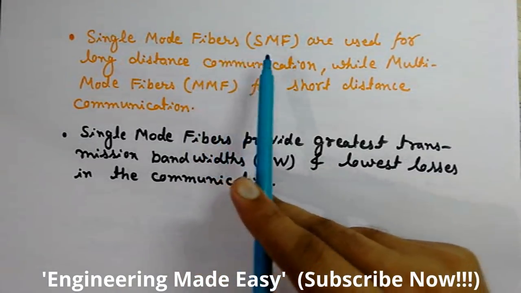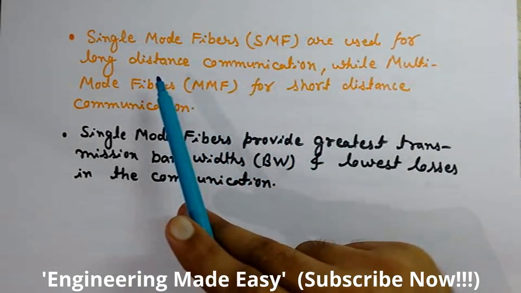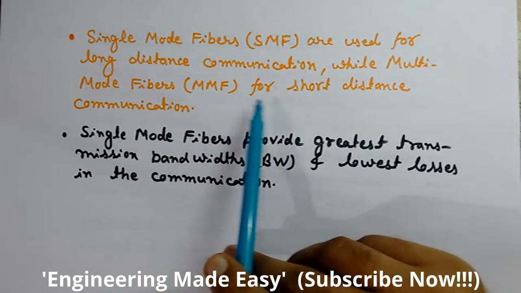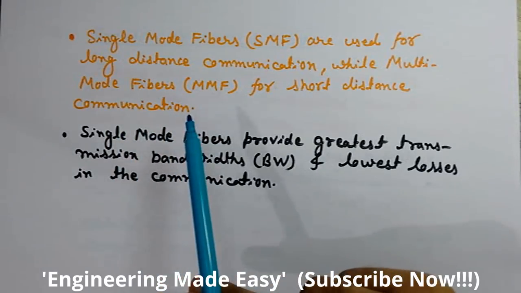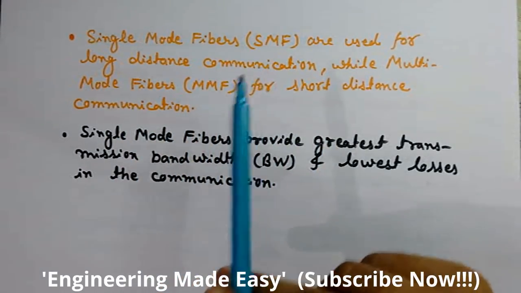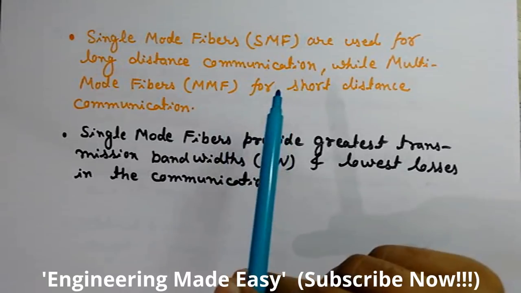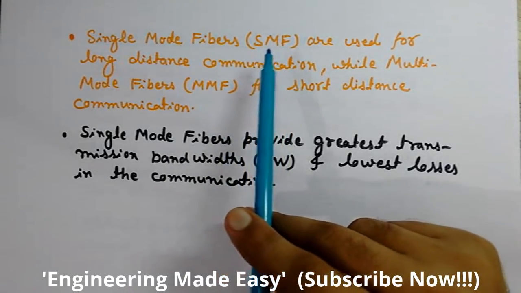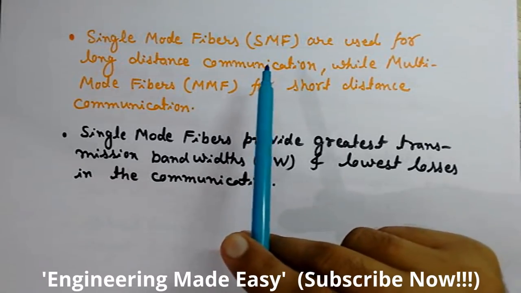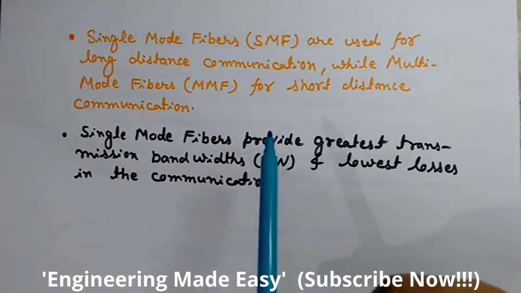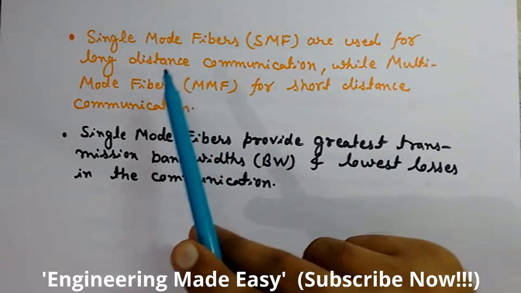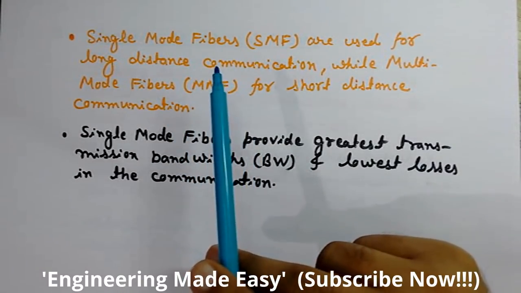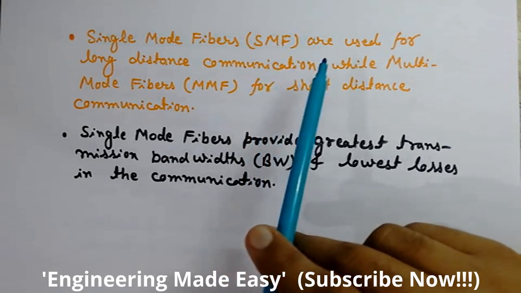Single mode fibers are used for long distance communication, while multi-mode fibers are used for short distance communication. Losses are very small in single mode fibers because there is no interference and no intermodal dispersion.